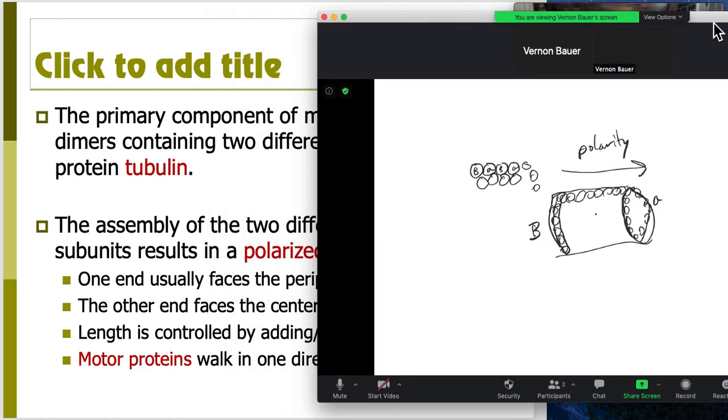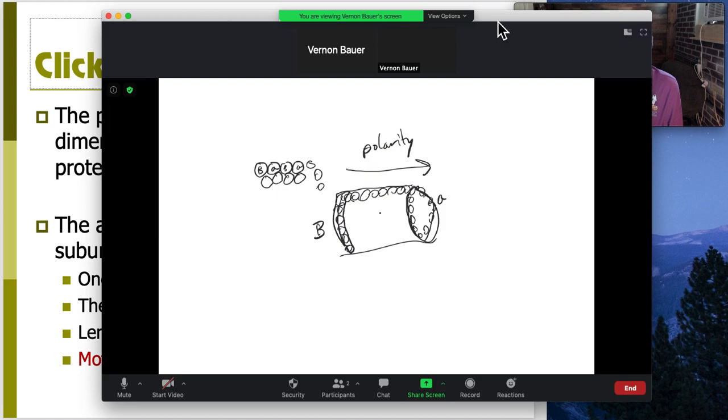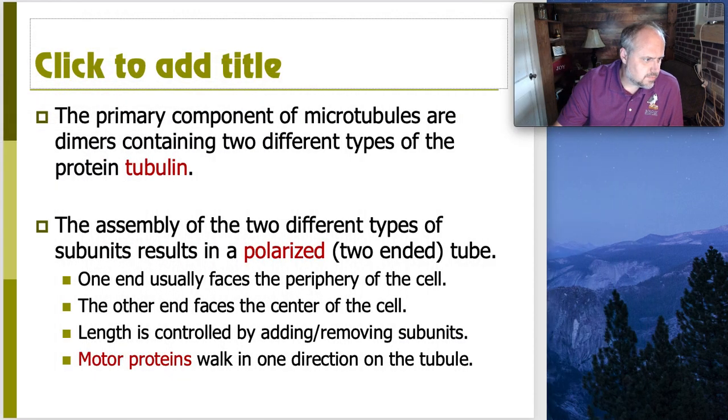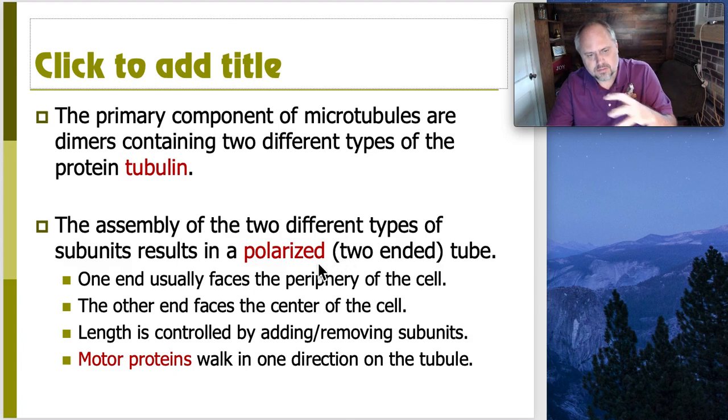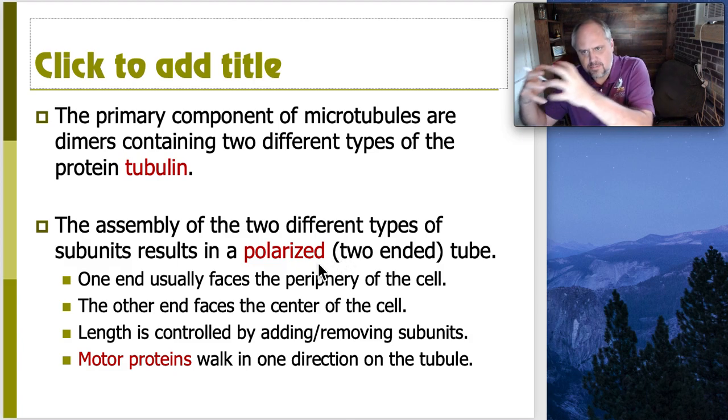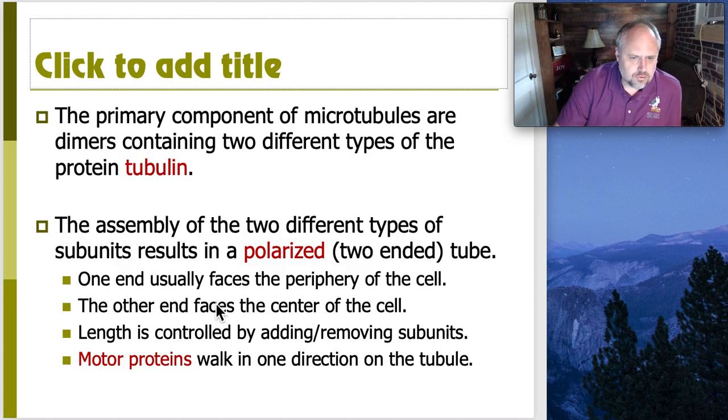And so one end is always going to be on the outside, one end will always be on the inside. So when these things assemble, the way the subunit goes in this spiral is going to create a tube where one end is different than the other. So one end outside, one end towards the center.